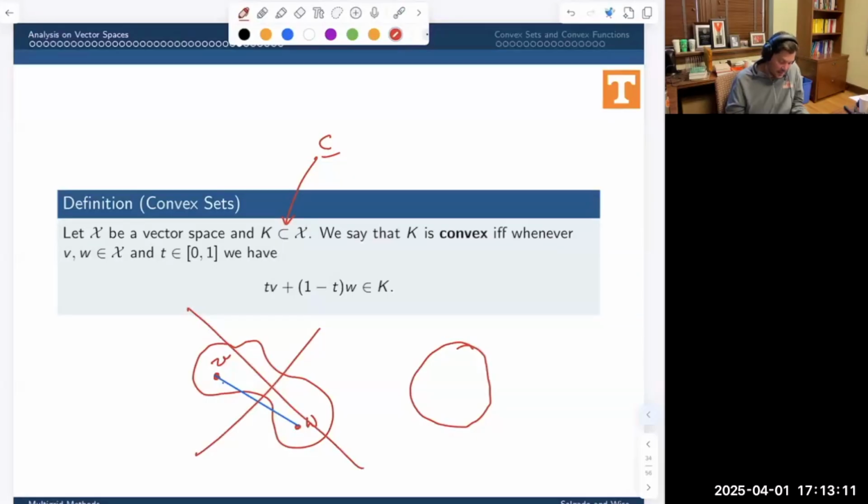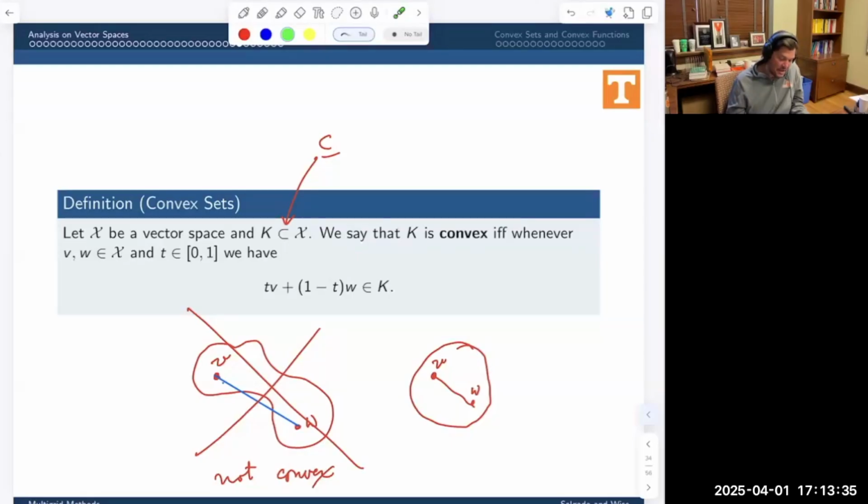So that's not convex. This set over here on the right is, however, convex, and that's because for any two points that I put in the set and make a connecting line, all the points on that connecting line are going to reside within the set. Okay, so that's exactly what this definition says.